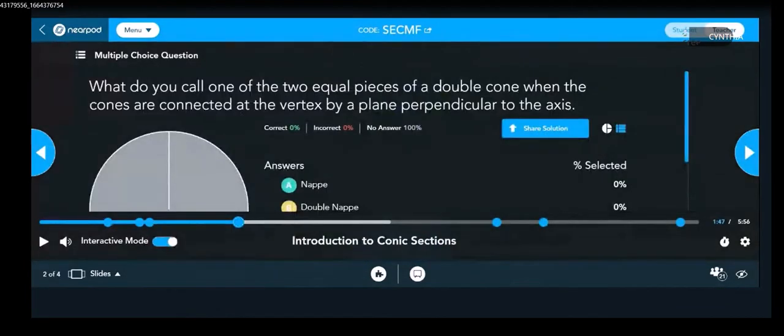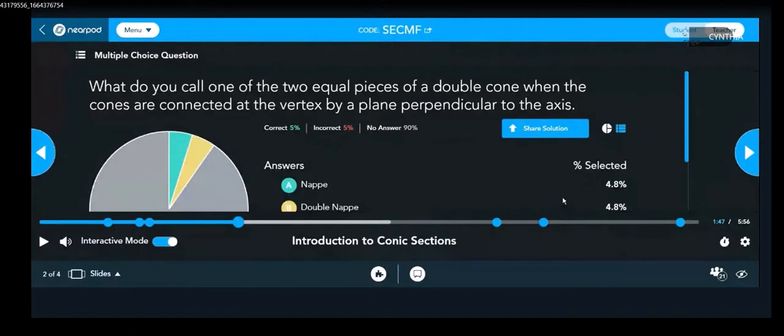What do you call one of the two equal pieces of a double cone when the cones are connected at the vertex by a plane? So we're taking a plane and we're slicing it right at the vertex, and it cuts that into two cones.